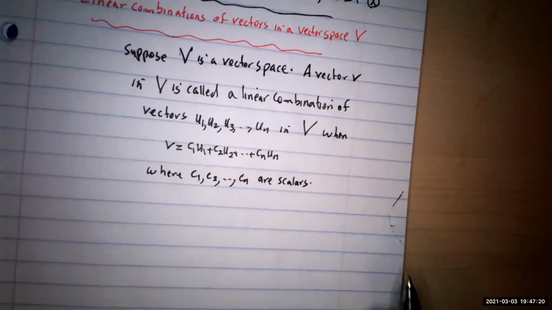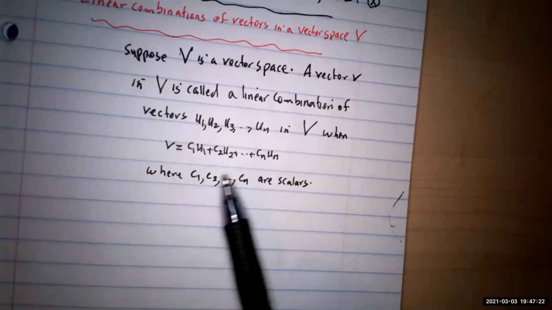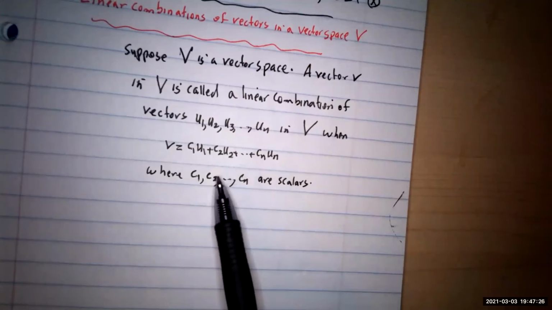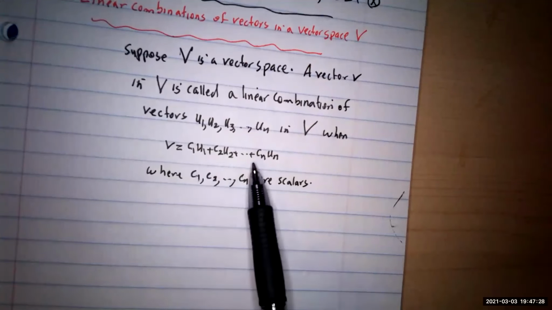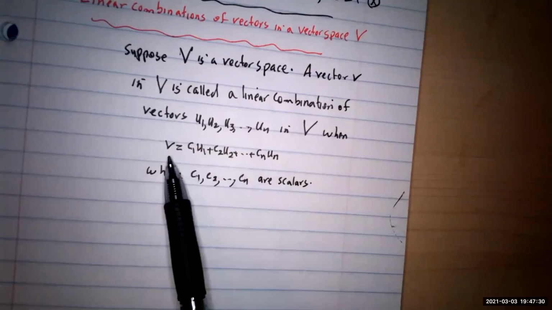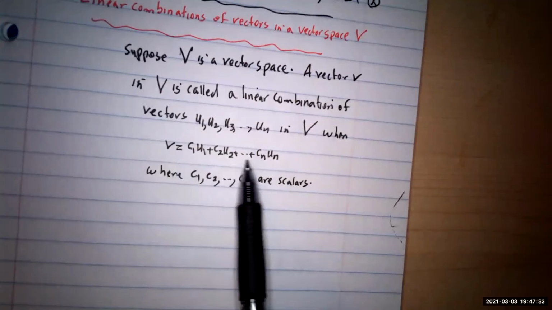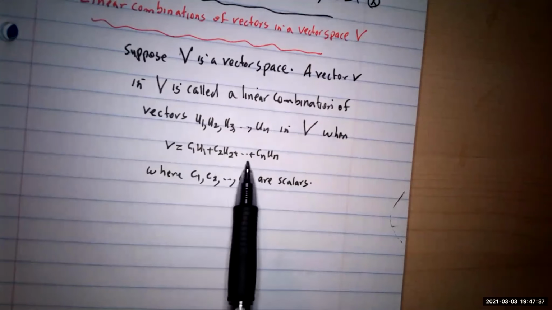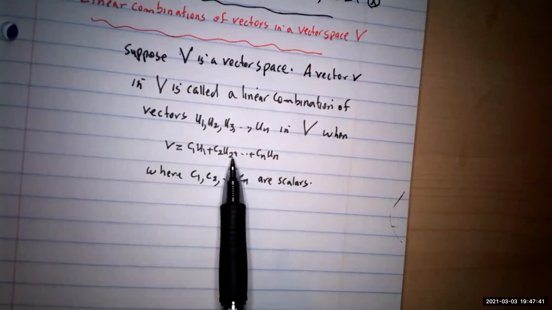Okay, so when we say a vector is a linear combination of the others, this means I can find some numbers c1, c2 up to cn so that I can write v as a linear combination of u1, u2 to un. Remember, the only operations that we have are addition, plus, plus, plus, and scalar multiplication.